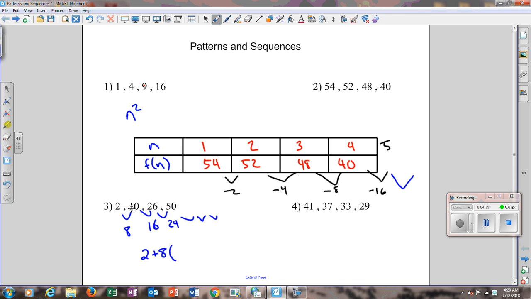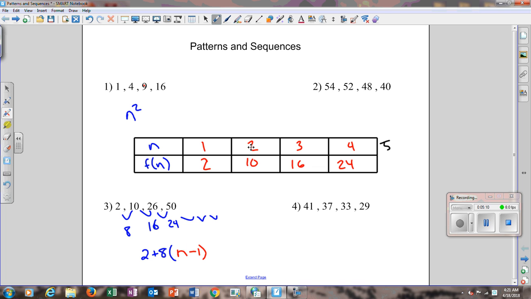Then the difference from here to here is 2, 10, 16, and 24. So the difference from here to here is 8, which would be n minus 1.